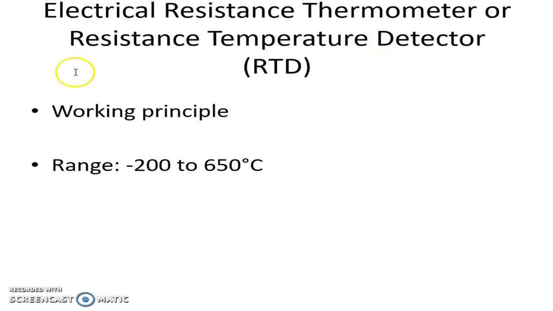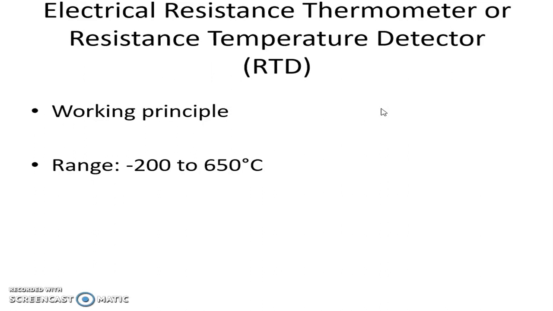So let us see the working principle of this electrical resistance thermometer. This RTD or electrical resistance thermometer works on the principle that whenever the temperature of a metal changes, its electrical resistance also changes, and the change in the electrical resistance is measured, which gives the value of change in the temperature.